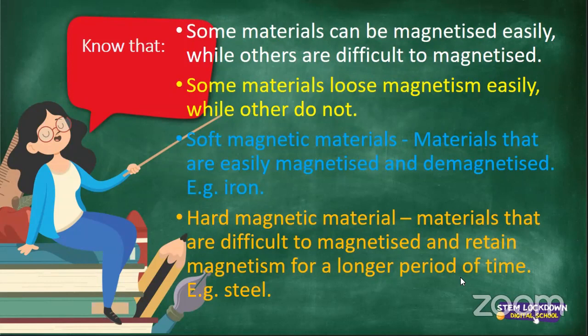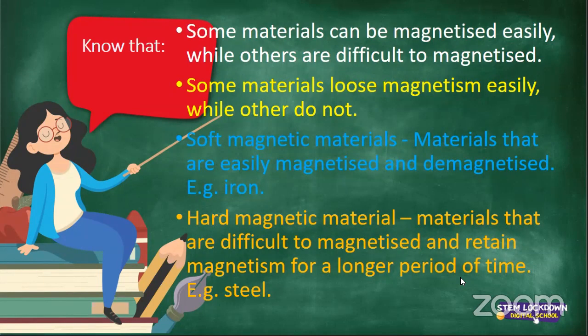So soft magnetic materials are materials that can easily be magnetized and demagnetized. For instance, iron. And hard magnetic materials are materials that are difficult to magnetize and retain magnetism for a longer period of time.